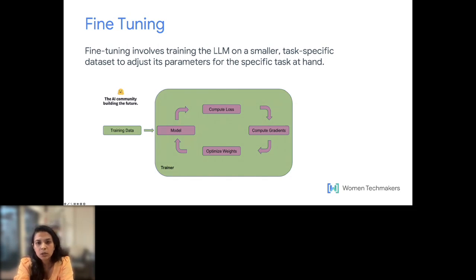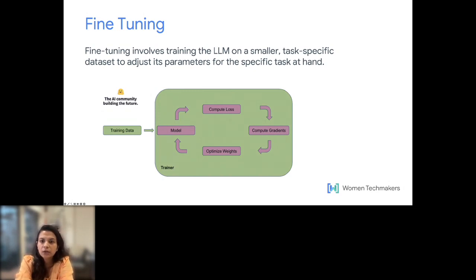So what does loss mean? Loss is a measure of error. It is basically determining how far the predicted output is from the actual one. So yes, loss is a measure of error, and then we determine the gradient. We compute loss and then gradient.